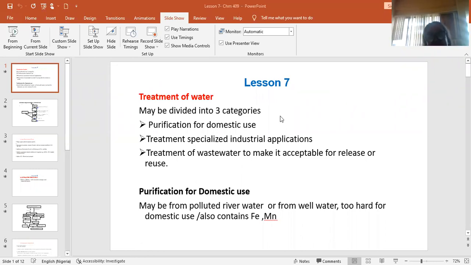So if these are not removed before you discharge them into the water body, what will happen is that these toxic substances will be taken up by small benthic organisms inside the water. Eventually, small fishes eat them, and the small fishes are eaten by big fish. Who now eats the big fishes?